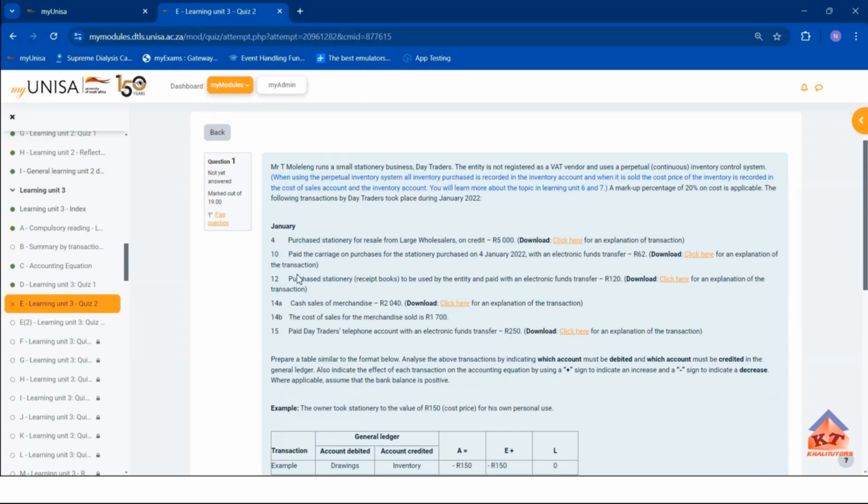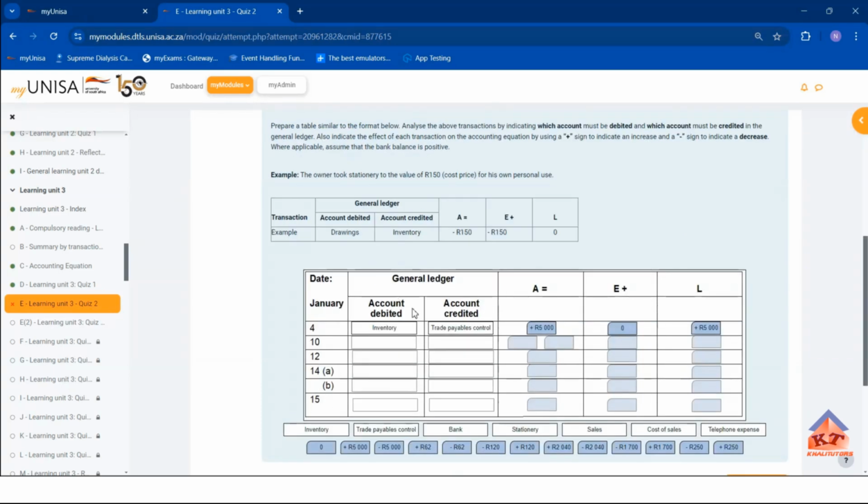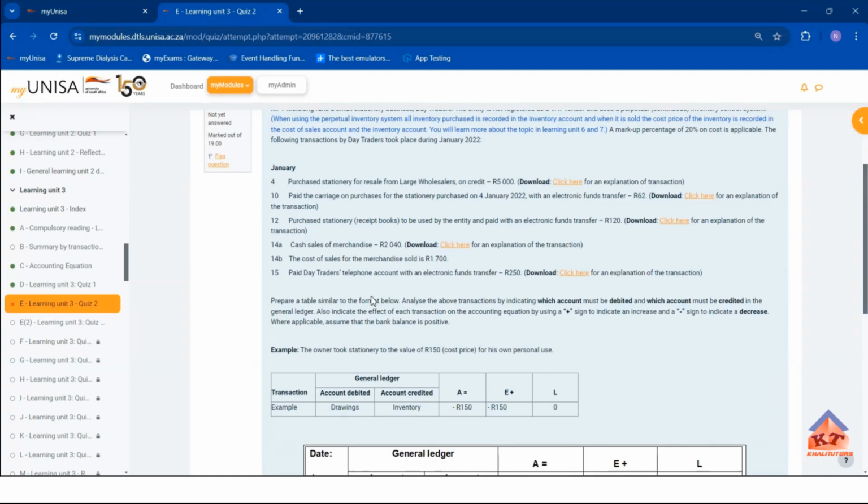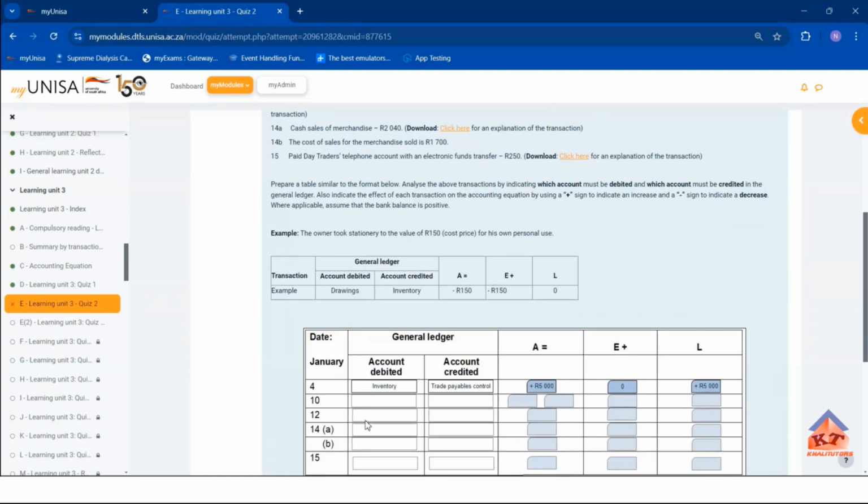On the 10th of January, the company paid the carriage on purchases for the stationery purchase on the 4th of January 2022 with an electronic fund transfer. The cost was 62 rands. Whenever you pay transportation fees, that money is part of the cost of the inventory. Remember, inventory is an asset, so even in this case, the additional fees to purchase this asset must be accounted for under the inventory account.